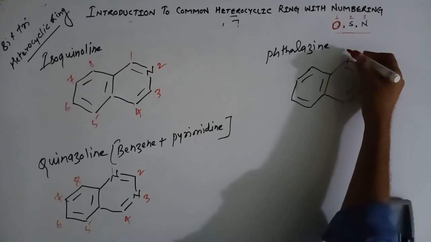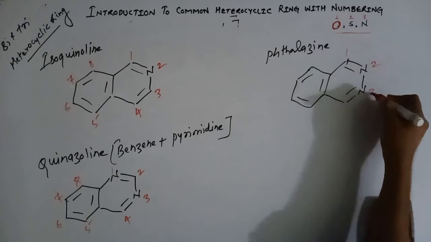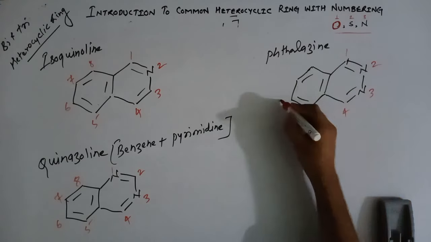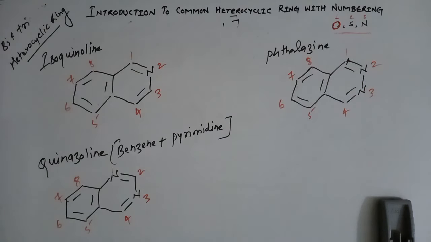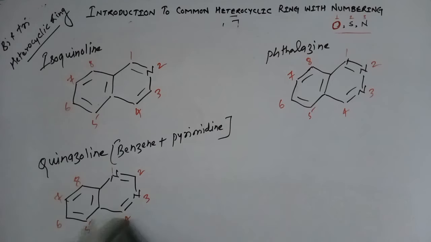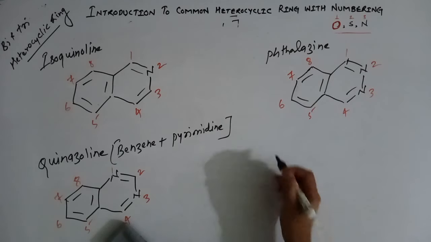Again, the numbering begins from this position: 1, 2, 3, 4, 5, 6, 7 and 8. This is phthalazine. The next structure is pteridine.